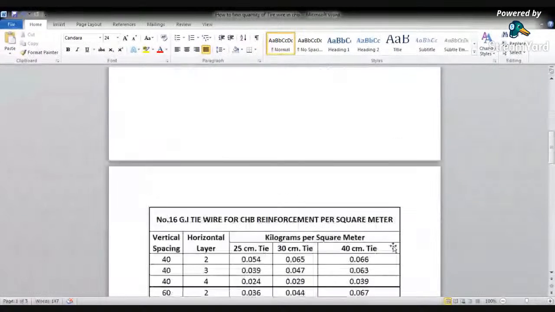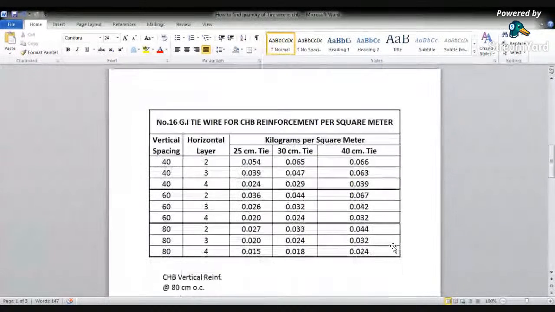Now, this is a constant table for computing tie wire. So it's a very important table, and you should follow it if you compute something about tie wire for concrete hollow blocks.